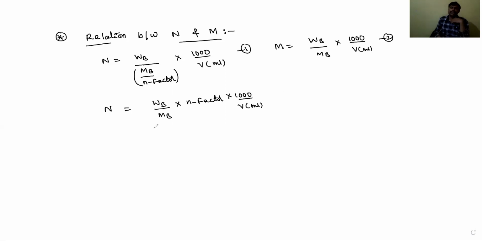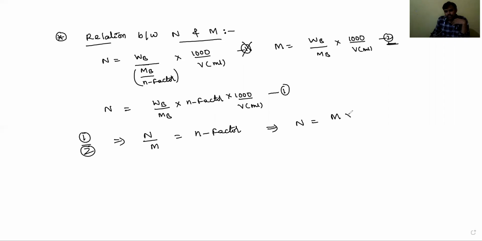If you divide equation 1 by equation 2, normality by molarity is equal to the n factor only. Then normality is equal to molarity into n factor. Let's see some questions related to this: how to convert if normality is given into molarity, and if molarity is given into normality.